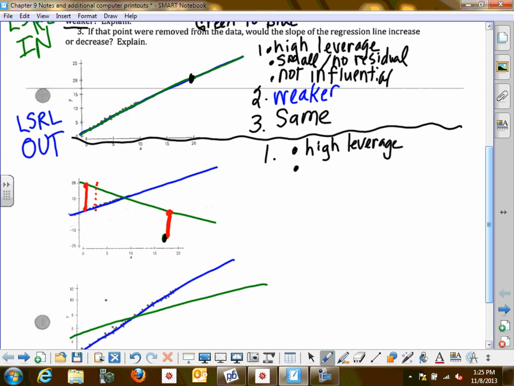Honestly, I would have to look at the way you drew your line, because your line might have just been like that. Then this has a big residual, but how does that residual compare to this residual?